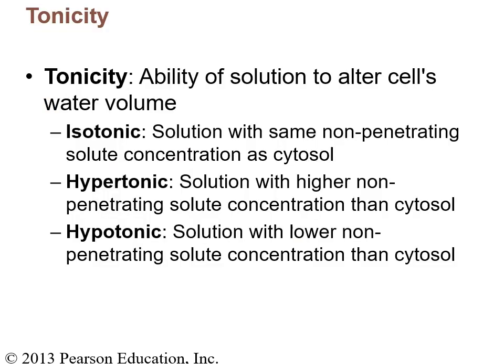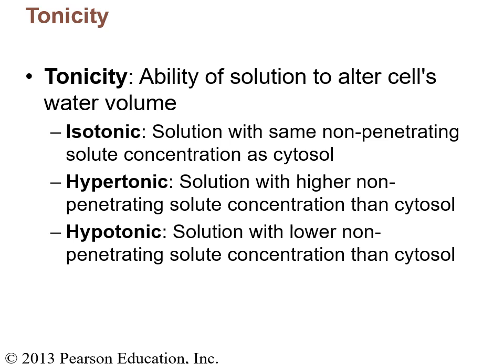So the word tonicity means the ability of a solution to alter a cell's water volume. There's a couple of words associated with tonicity. The term isotonic means a solution with the same non-penetrating solute concentration as the cytosol, meaning that the solute load on both sides of the membrane is the same.